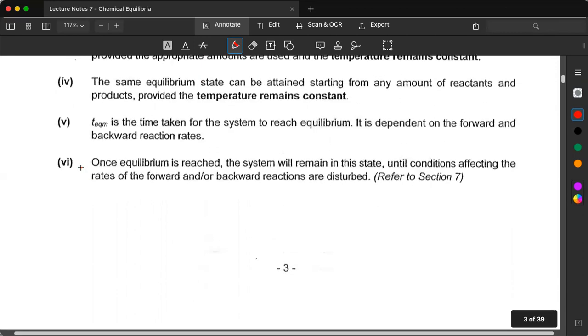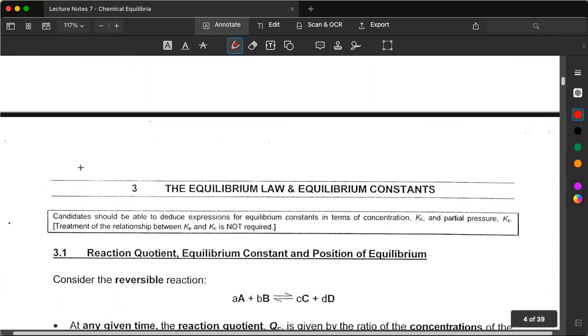Meaning you could introduce more reactants or more products, or take away reactants or products to make changes to the equilibrium system. If you want some change and don't want it to remain at a constant value, you can do it. It is flexible in that way.